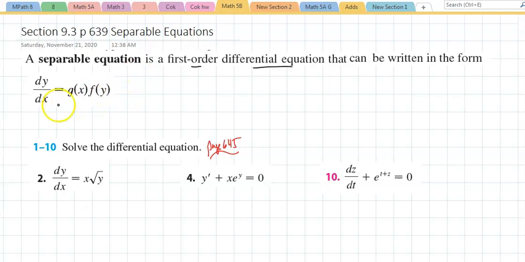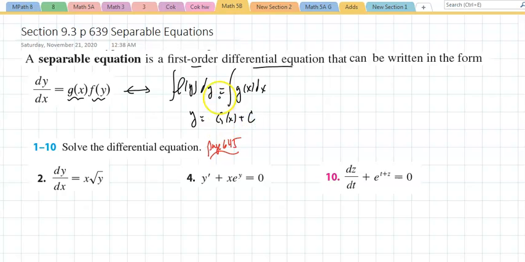So if I can separate the g from the f, which means I could somehow get some function of y dy equal some function of x dx and integrate, then I could solve for y. That's the idea. A separable equation is one form of differential equation, which is our traditional calculus.